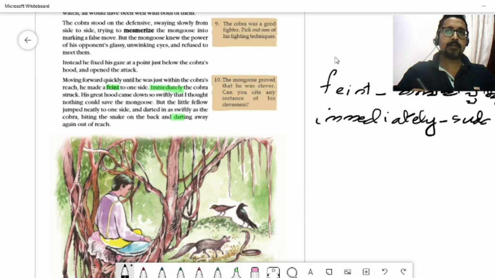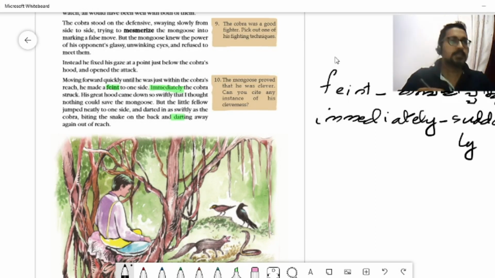Again, immediately. Suddenly, പെട്ടെന്ന്. Again, what is the other word?